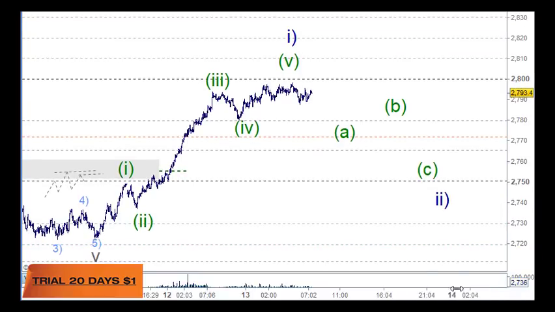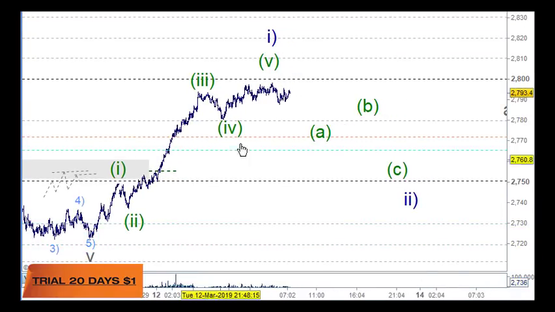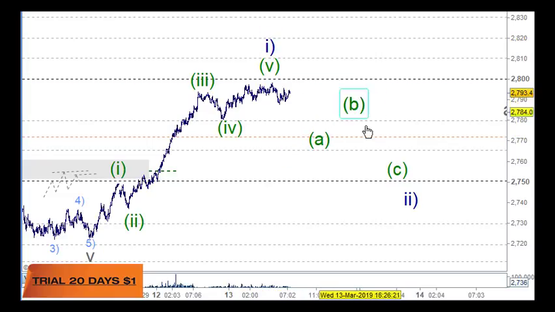The 61.8% retracement from this low to this high, like I said, there may be another high to come in here, or it can just drop from here. It probably drops from here, so that high is probably in at this stage. So an A wave, a B wave, and a C wave here. I'm going to put that on the 2750.